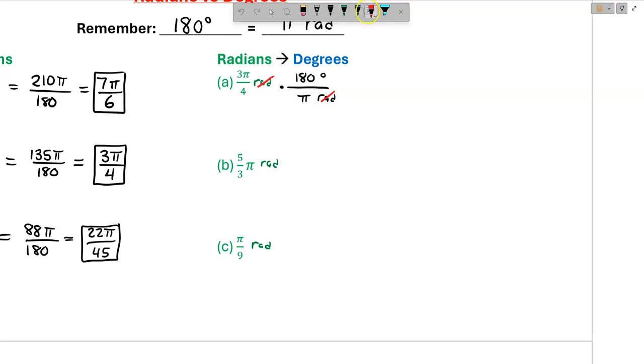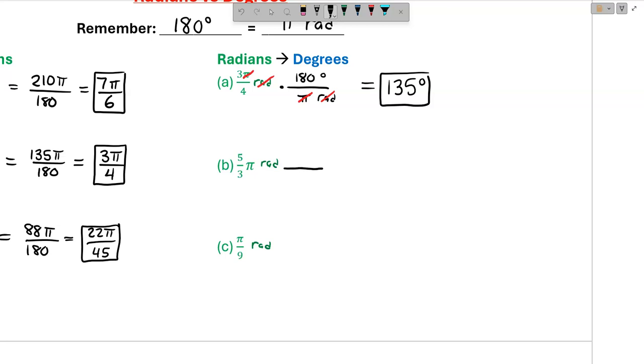Now, one other thing that's going to cancel is not just the radians, but almost always the pi's are going to cancel, because I have pi in the numerator for my radians in almost all the cases, and pi in my denominator. So really, all we're doing to get our final answer for this one is doing 3/4 times 180, which means we're going to get an answer of 135 degrees. So that is the degree equivalent of 3 pi over 4 radians.